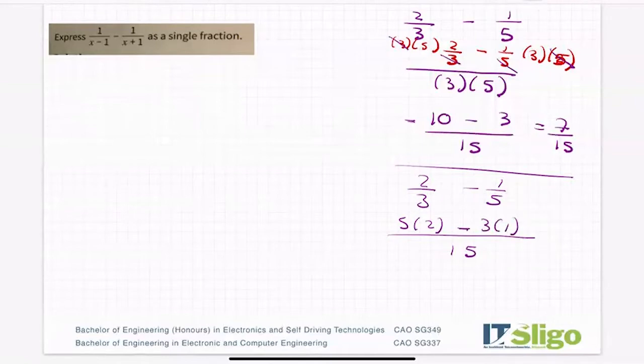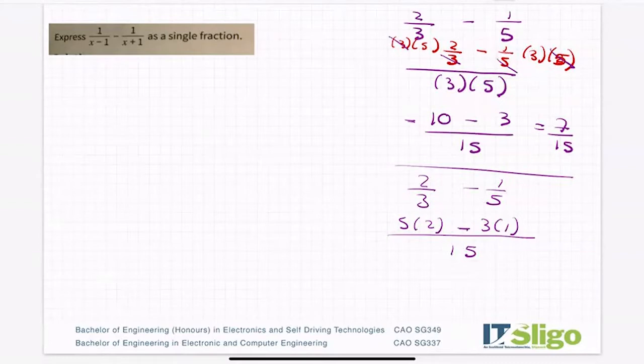What I want you to take note of is that when I did it this older way, I got 5 by 2 on top, which is what I get here doing it this way. I get 3 by 1 here, which is what I get here. And on the bottom, I get the 3 by 5.